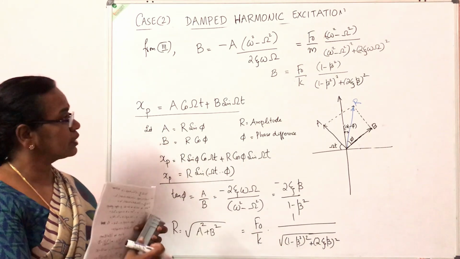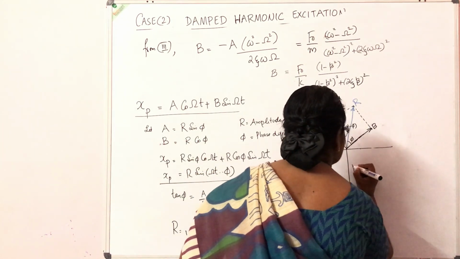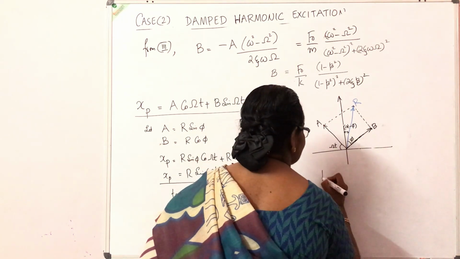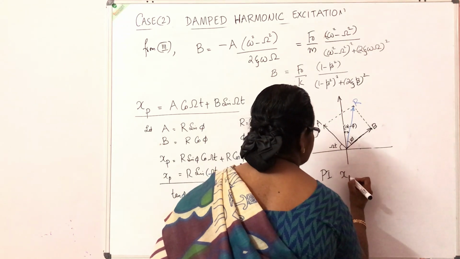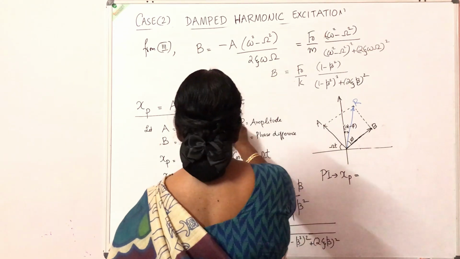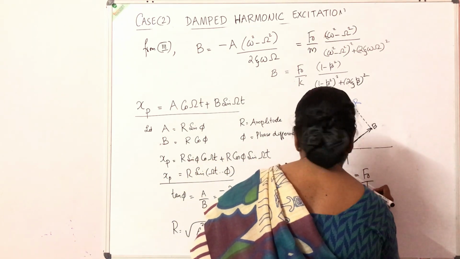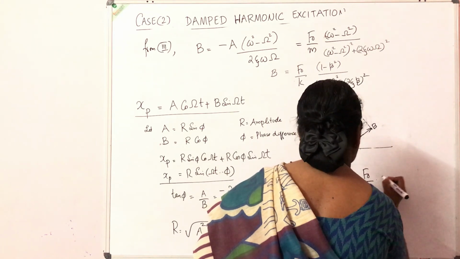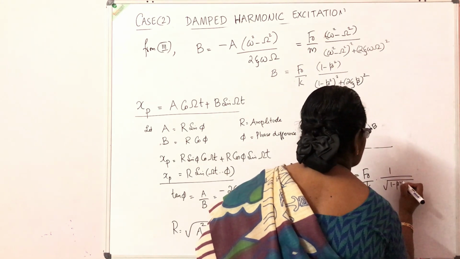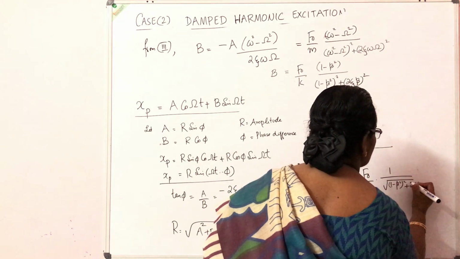So now we can express the particular integral xp is equal to R sin(omega t minus phi), where R is equal to F0 by K into 1 by root of (1 minus beta square) the whole square plus (2 zeta beta) the whole square.